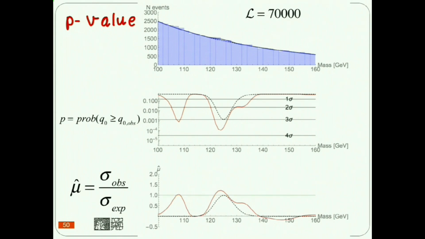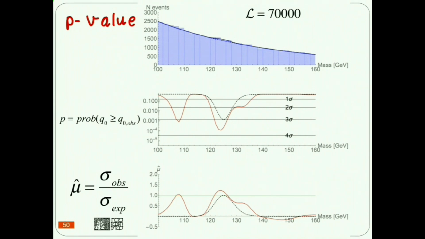Now, the dashed line here is what a typical signal p-value would look like when I plug in the Asimov dataset, which is exactly the expected signal at 125 plus B. So I would have expected to see this behavior here.